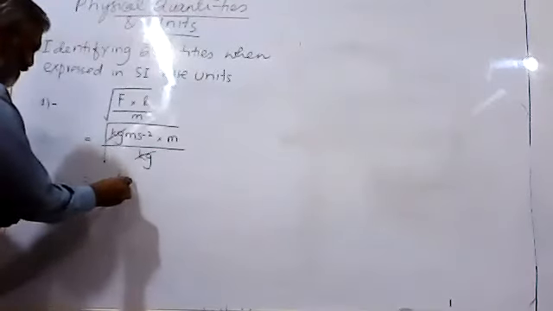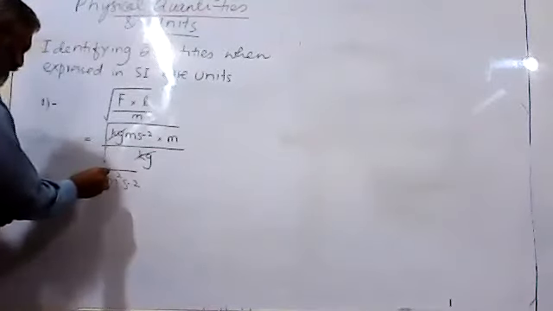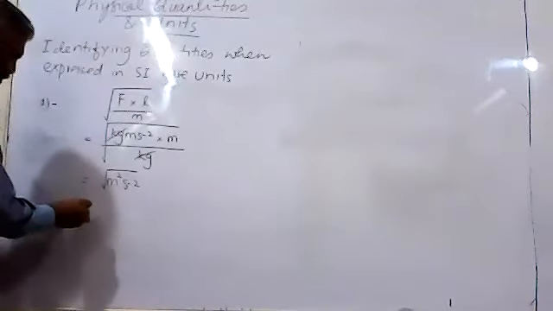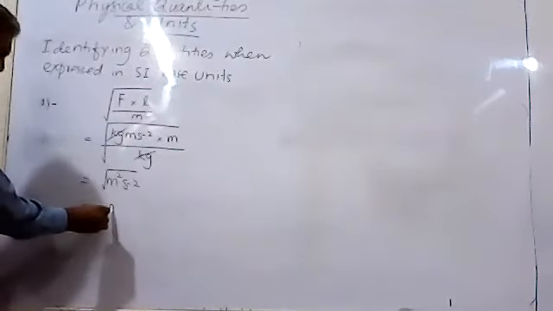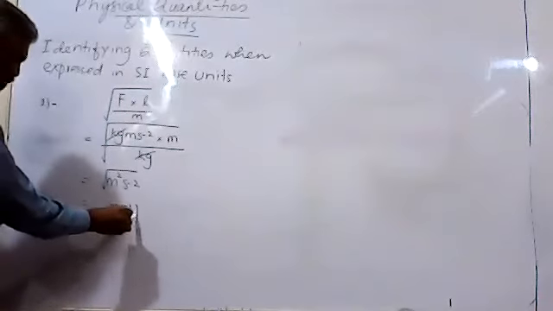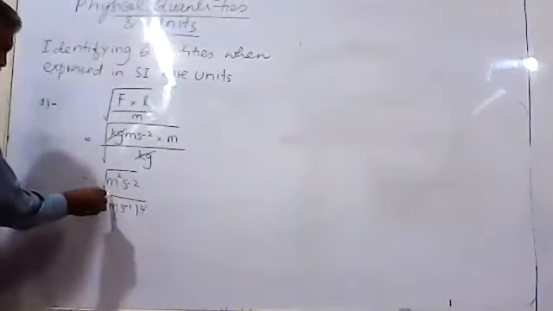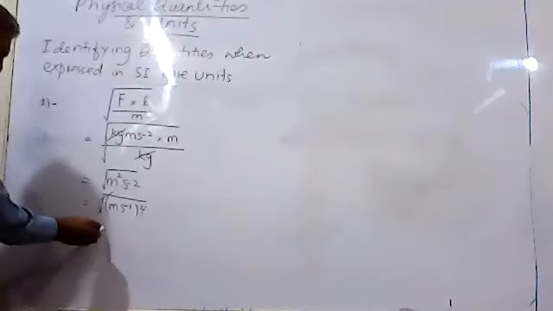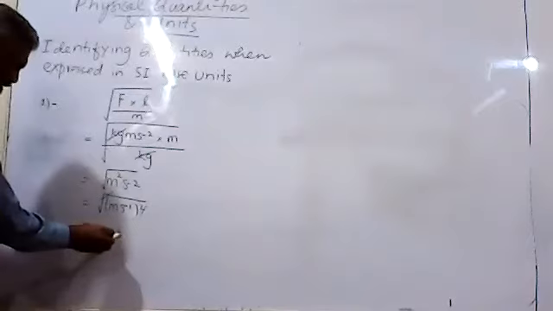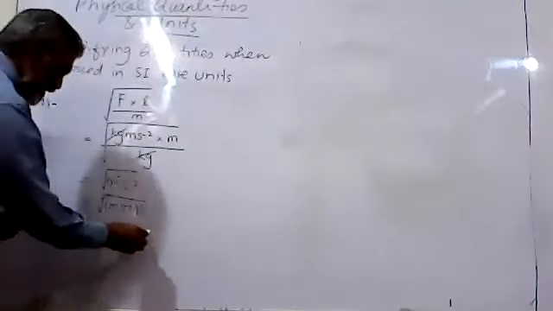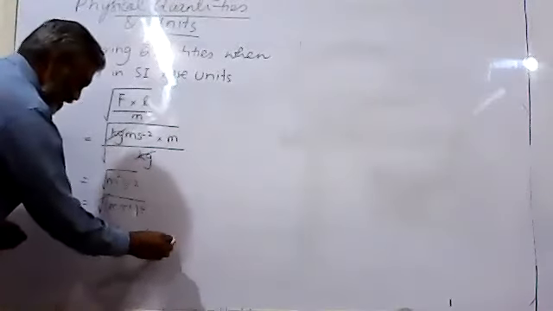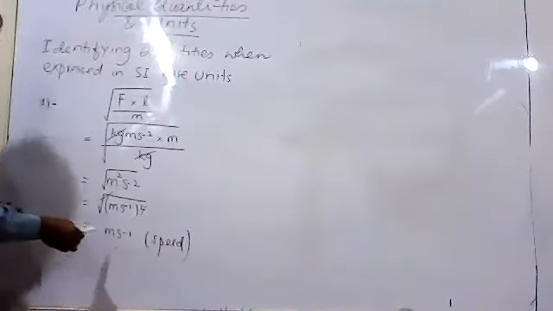This s minus 2 appears as it is, and again under root. And if I see clearly, this is ms minus 1 whole square under root. This square gets cancelled with this root, and I get ms minus 1. Now ms minus 1 is readily recognizable. This is just the speed, because this is distance over time.